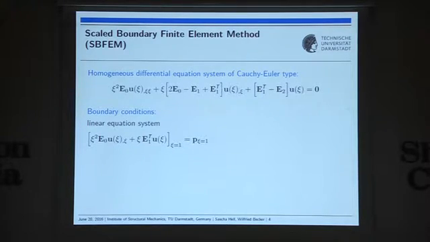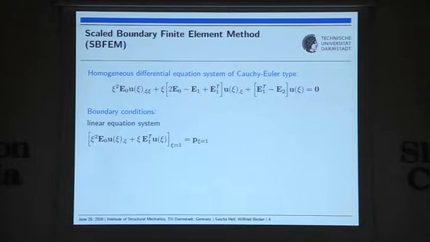Introducing this separation of variables approach in the virtual work balance, doing the transformation to scaled boundary coordinates and the partial integration over the boundary coordinates, we get a differential equation system, which we see here, and a linear equation system. Here the notation xi-xi denotes the second derivative in xi, and E0, E1, and E2 result from the integration over the boundary coordinates.